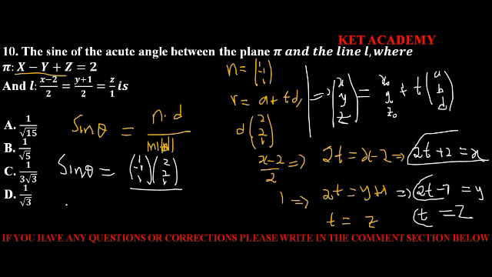The norm will simply be the square root of a squared plus b squared plus c squared.